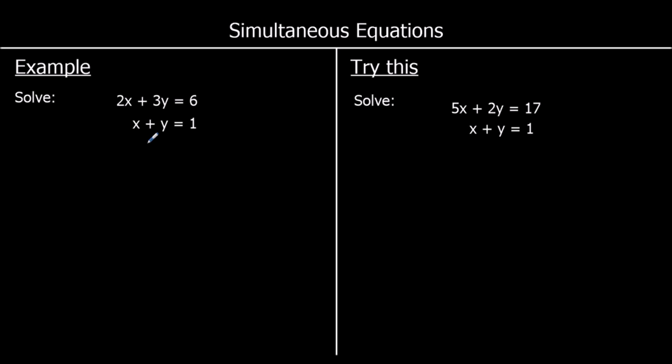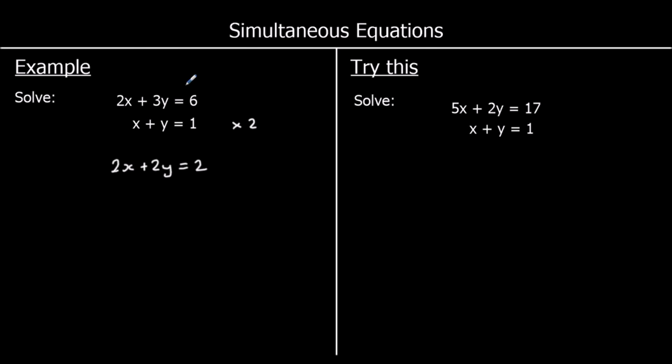If I multiplied everything by 3, I could make the y's the same and eliminate y. So let's multiply by 2. It doesn't matter which one we pick. So if I times the whole of the second equation by 2, multiply every term by 2, I get 2x plus 2y is equal to 2.